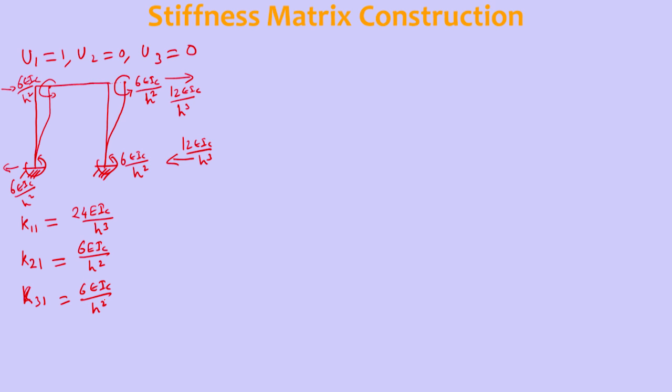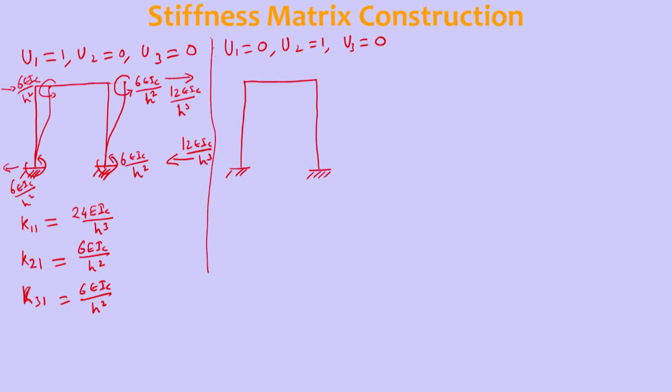Now let us go to the second column. How do we generate the second column of the stiffness matrix? The second column can be obtained with U1 is 0, U2 is 1 and U3 is 0. So in this case it is something like this. U2 is 1 unit rotation, so give 1 unit rotation to this joint, 1 unit anticlockwise rotation.